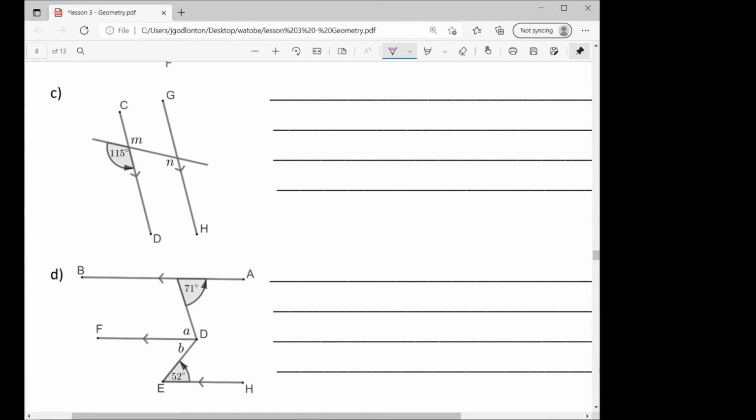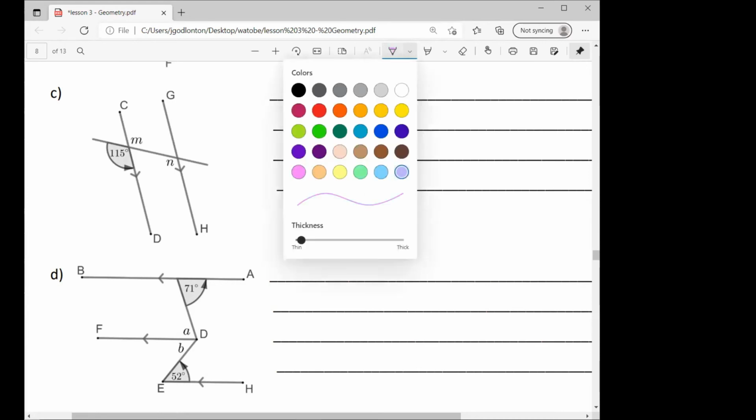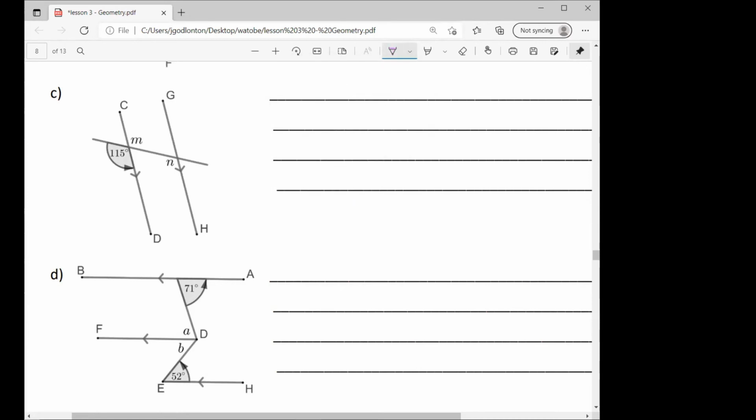Ma'am, is N equal to 115? It is absolutely 115. Because of? What's my reason? Vertically opposite angles. Well done. Good. So M is equal to 115 degrees. Vertically opposite angles are equal.